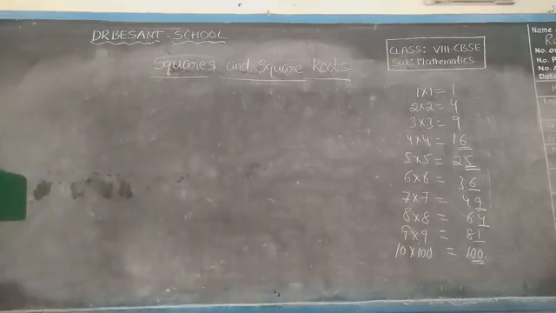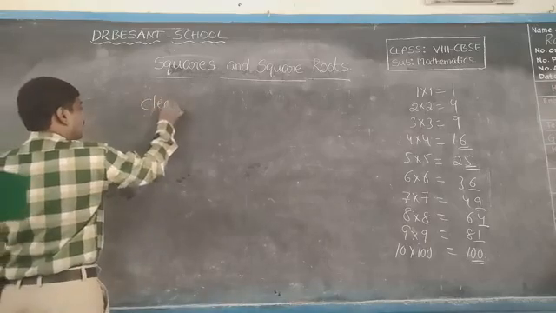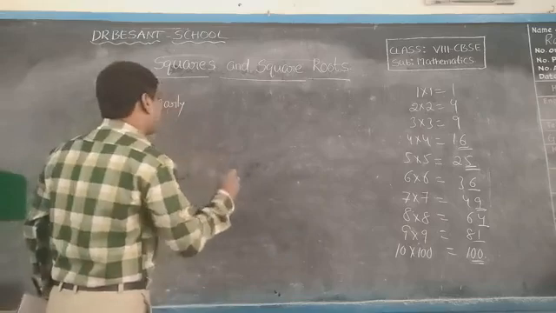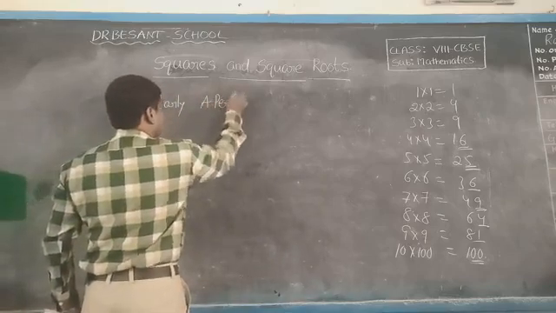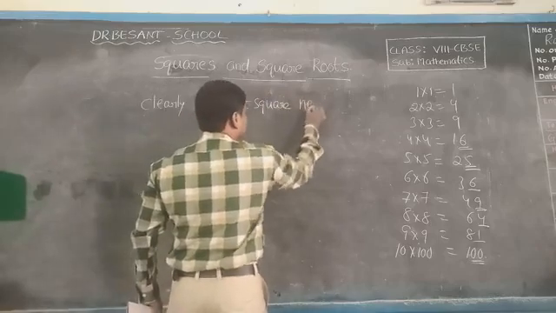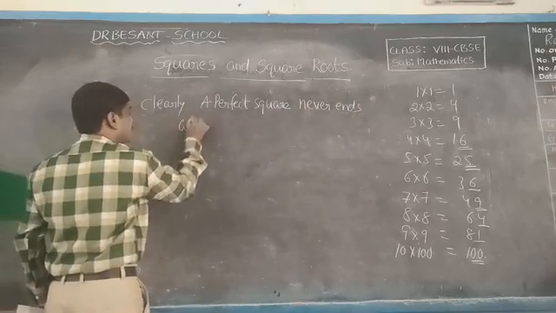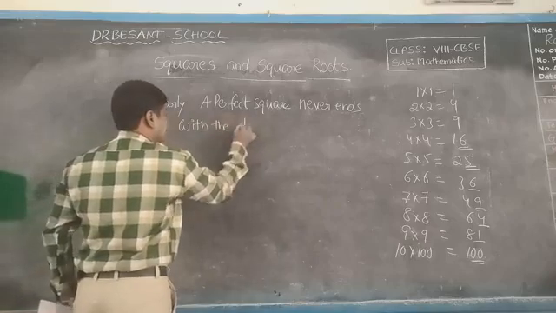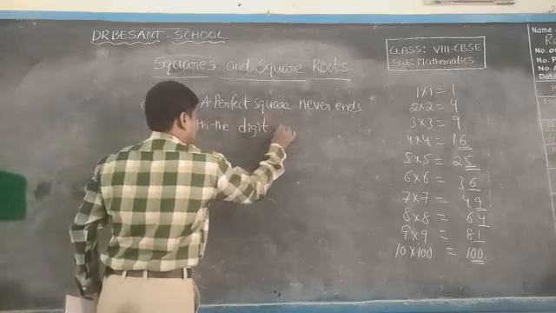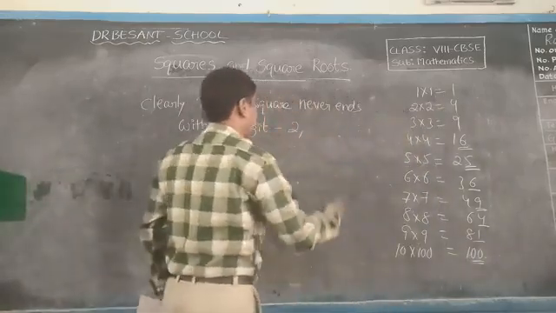Children, note down. Clearly, a perfect square never ends with the digit 2. There is no 2 in the units place.